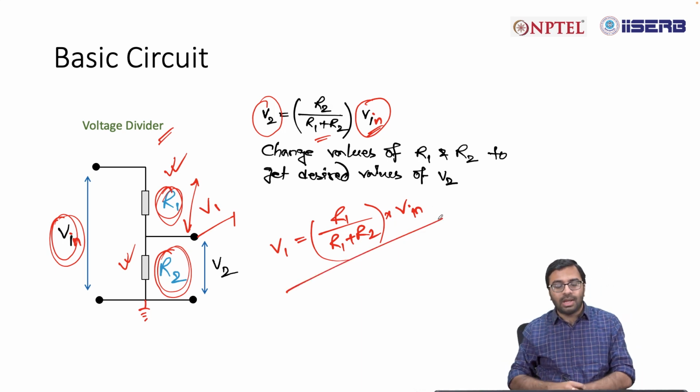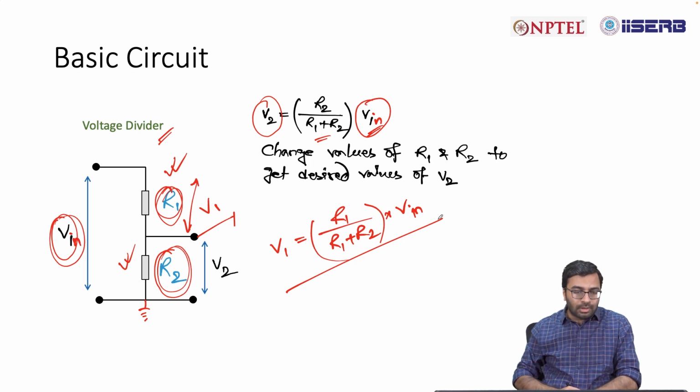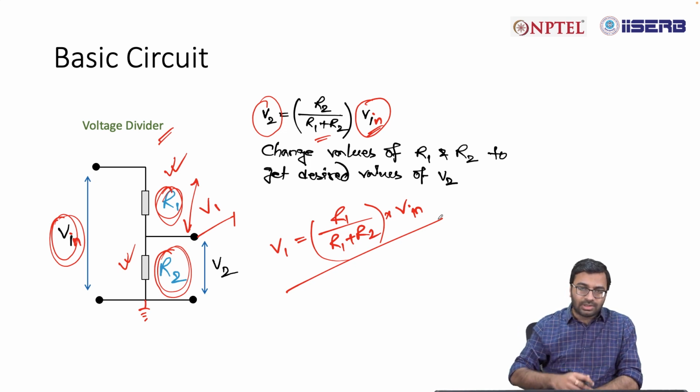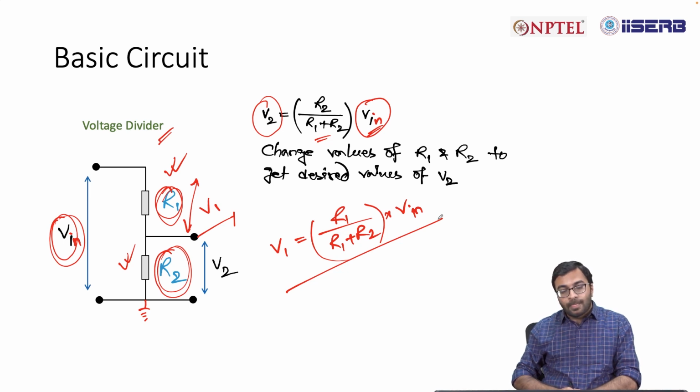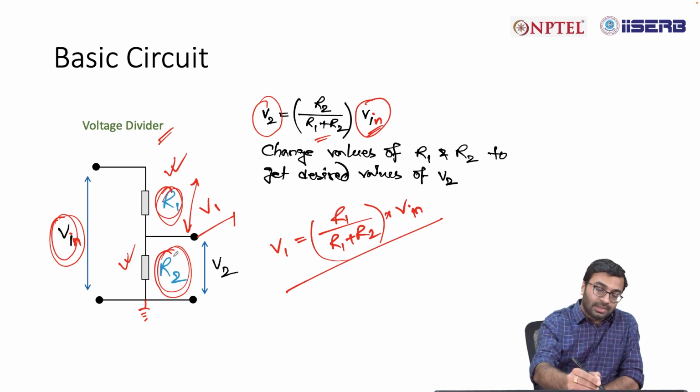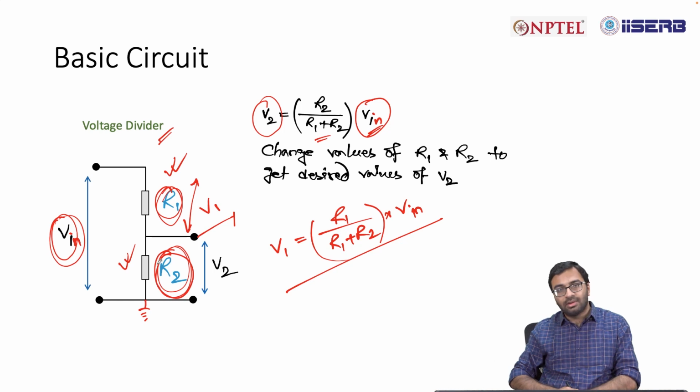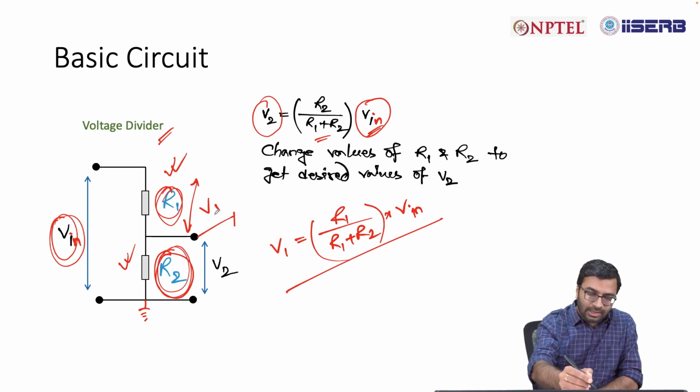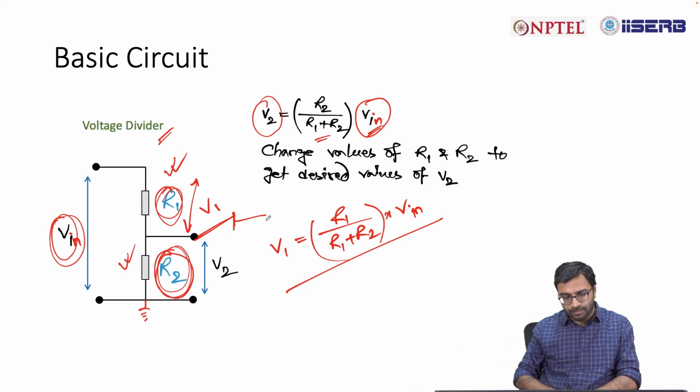So this is how you can measure or calculate the voltage across the resistors. Now one can also replace this resistor with a resistive sensor, and then you can take this potential as the sensor output and then can connect this with the rest of the systems.